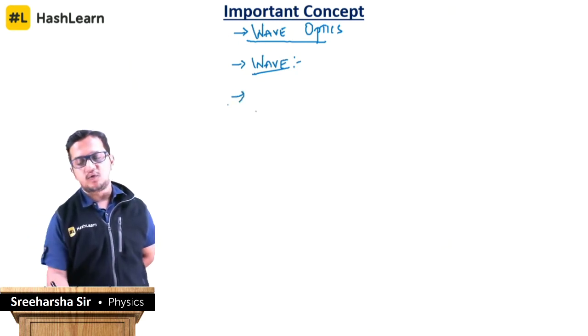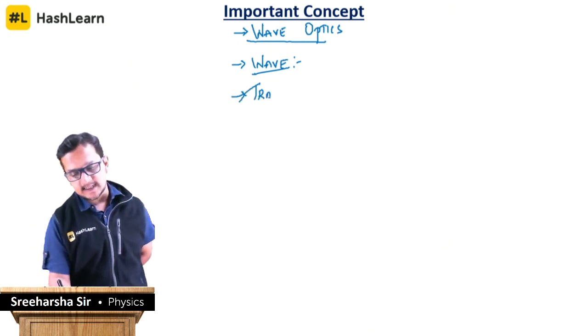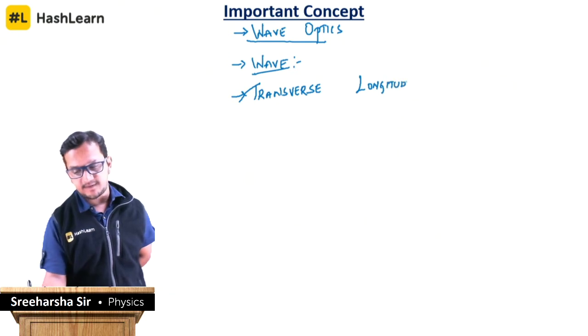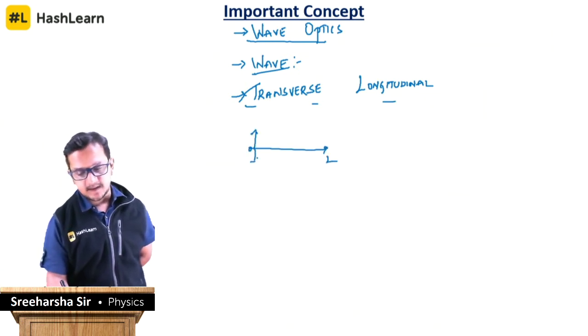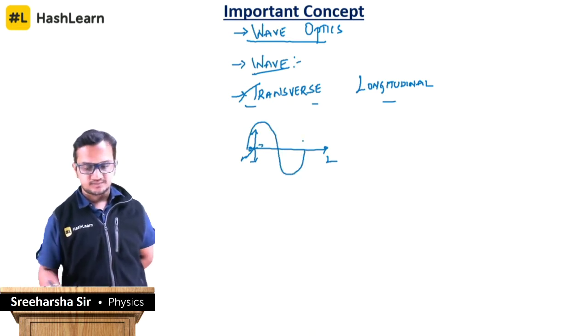Waves are of two types. One is called the transverse wave, and the other is called the longitudinal wave. In the transverse wave, if this is the propagation of light, the particles vibrate perpendicular to it, so it will have a crest and a trough.